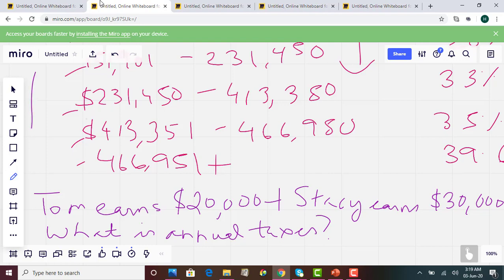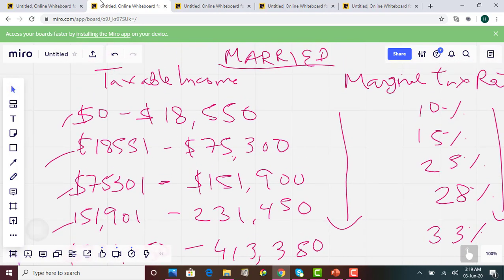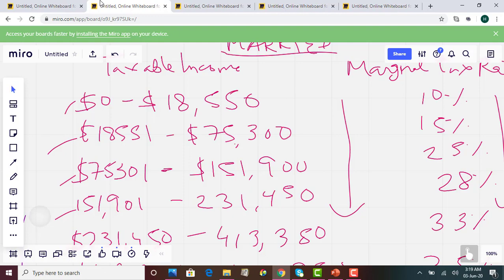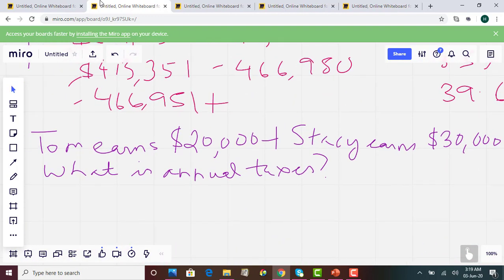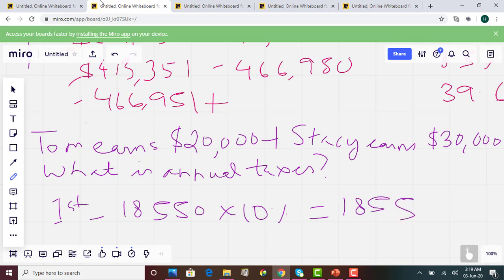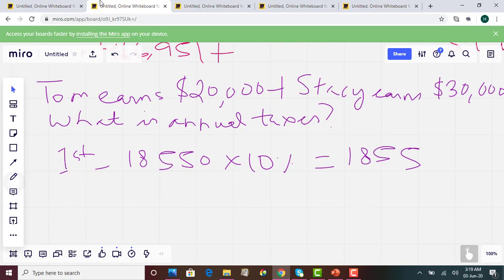So again, we use the table. On the first level, the first 18,550, they will pay 10%. So that equals 1,855. Then we go to the second level.